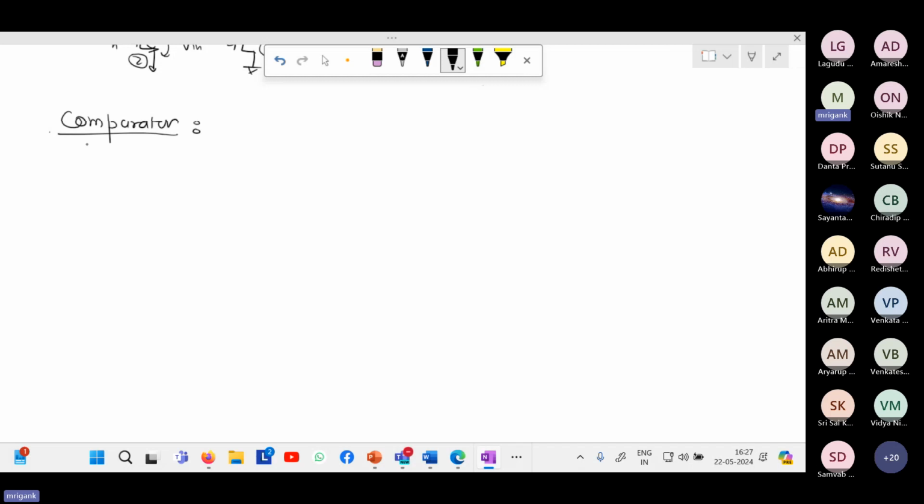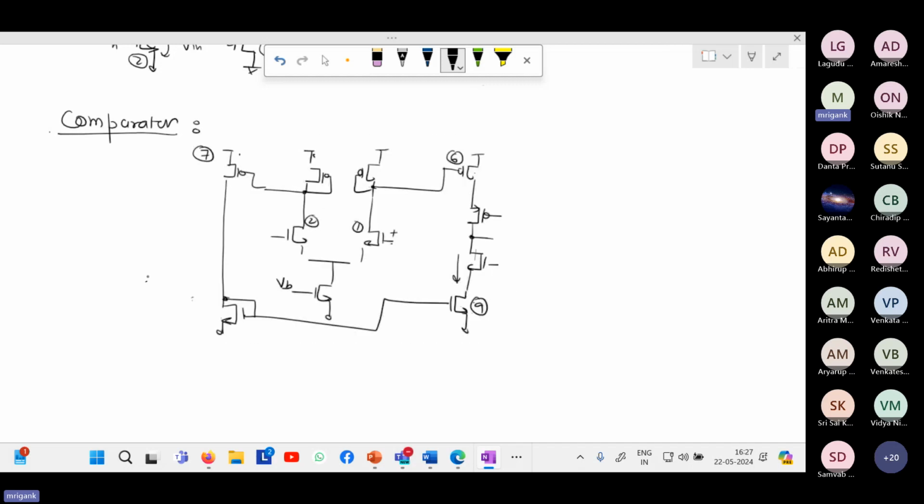If you want good comparator operation, what we need is that if you have a Vin over here and you're applying a Vref over here, if the Vref is higher than Vin, Vout should be equal to VDD, or if Vref is less than Vin, Vout should be equal to ground. So it is a large signal operation.